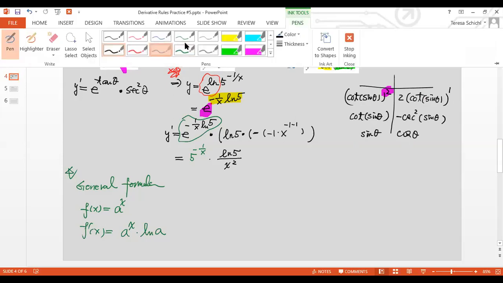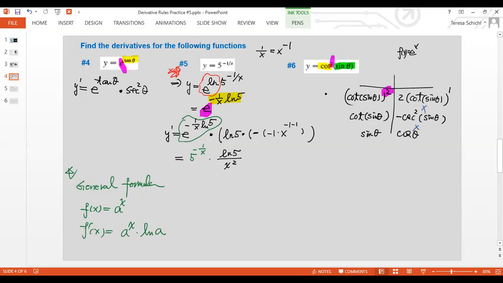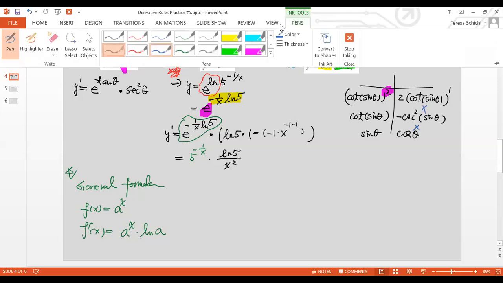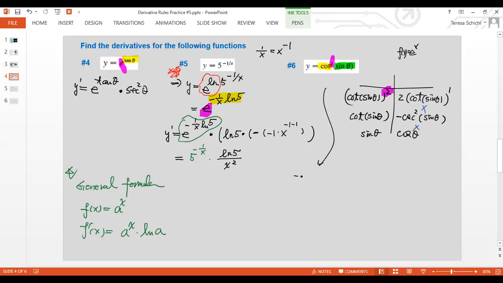Now you just multiply. So the final answer will be 2 cotangent sine theta times negative cosecant squared sine theta, times cosine theta.